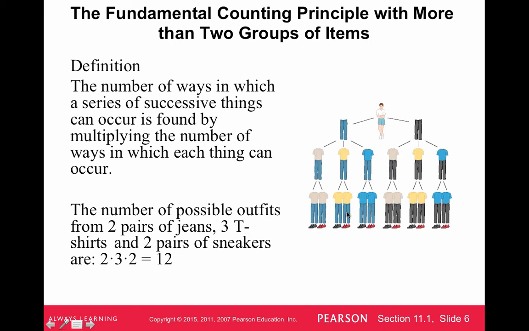But then when we multiply that by 2 options for shoes, we have 1, 2, 3, 4, 5, 6, 7, 8, 9, 10, 11, 12. That's what the tree diagram shows, but it's just much easier to take the 2 kinds of jeans, the 3 kinds of shirts, and the 2 types of shoes, and multiply those together because we're choosing 1 at each stage. We get 12 different options for outfits.